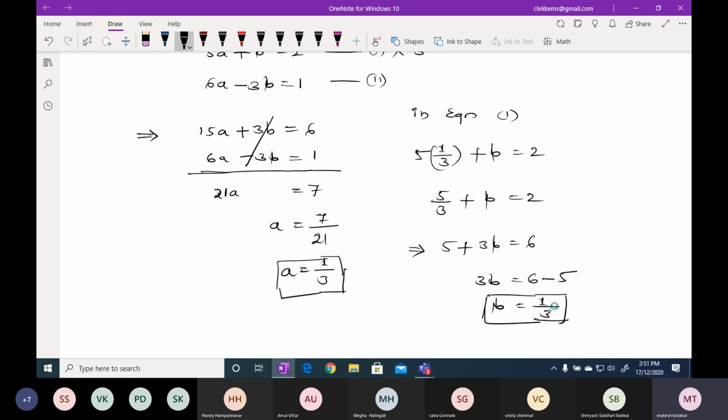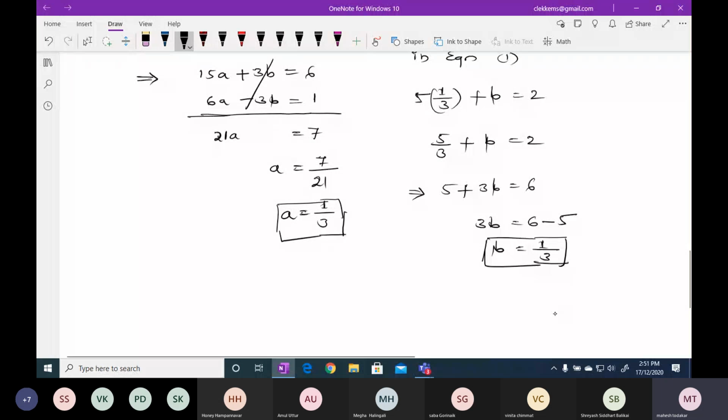Check the answers fast. Both are correct or not? a and b. So once a and b are correct, now go for substituting these values.